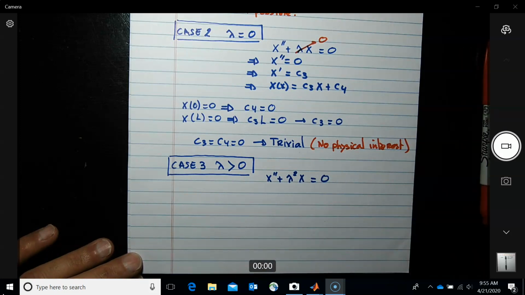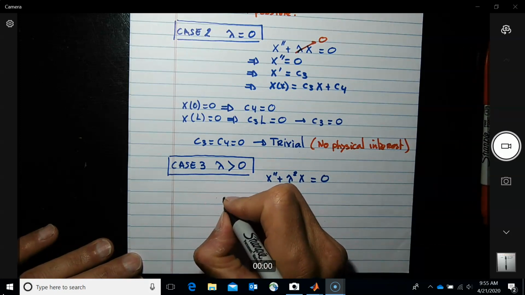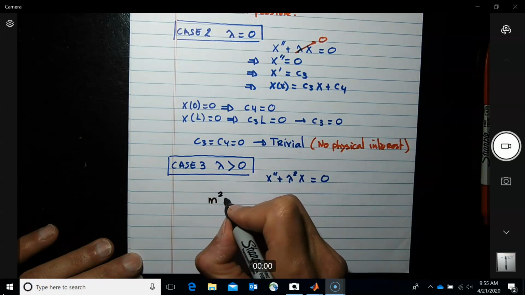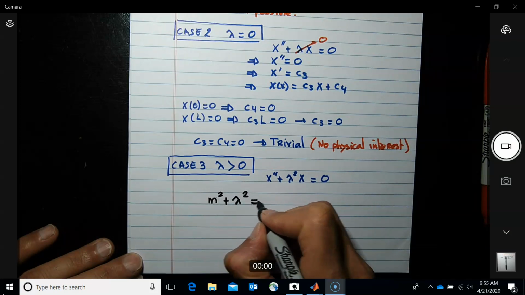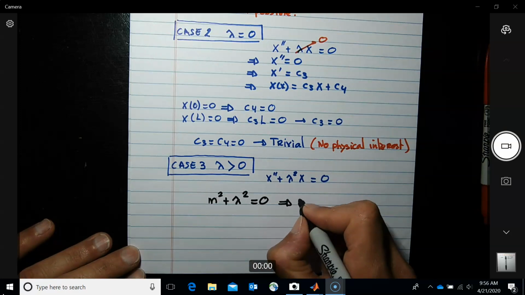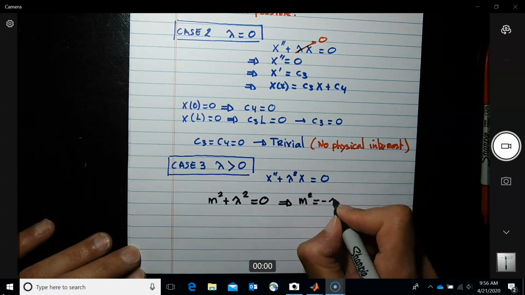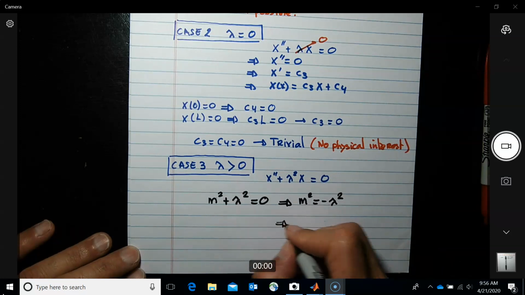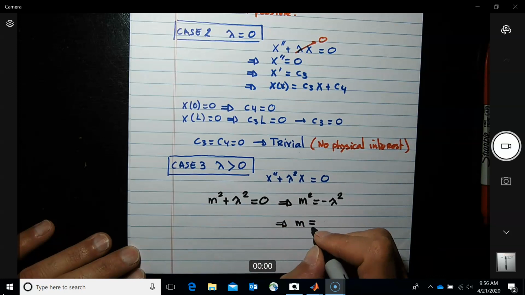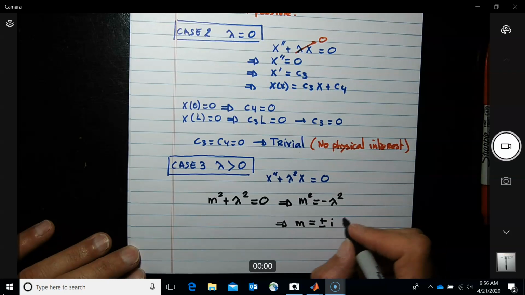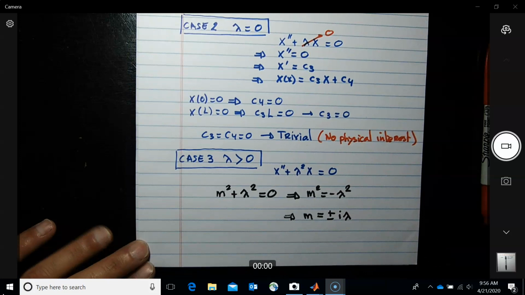We have the equation that m square plus lambda square was equal to 0. So now this will mean that m square equal to minus lambda square, and now lambda is positive. So this will mean what? That m will be equal to plus minus i square root of lambda square, which will be lambda.